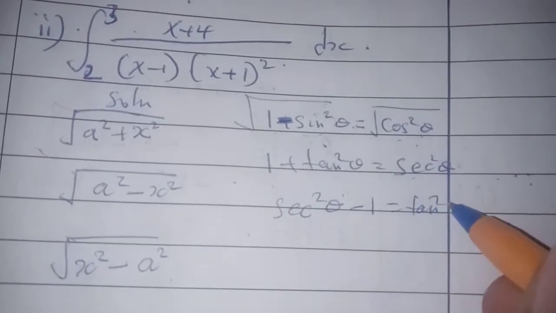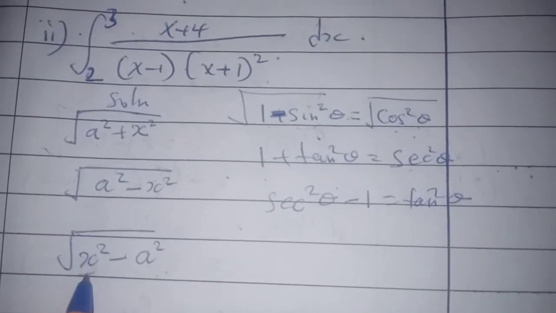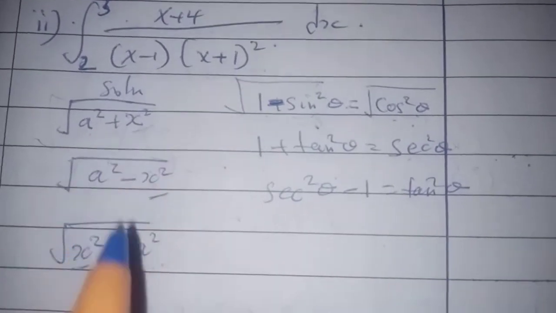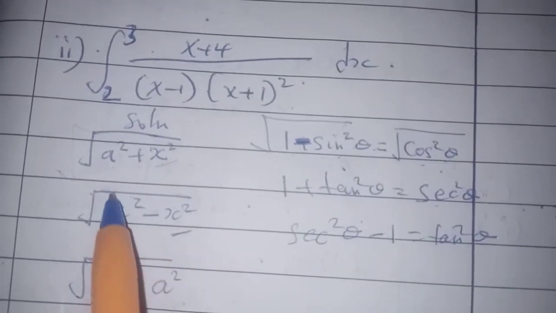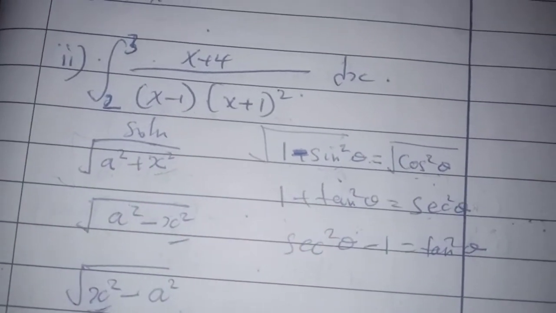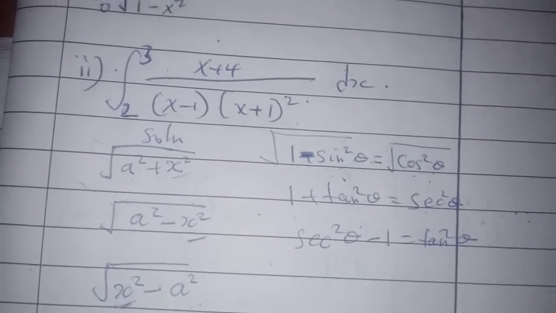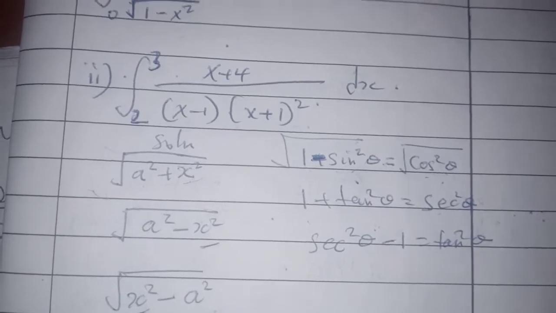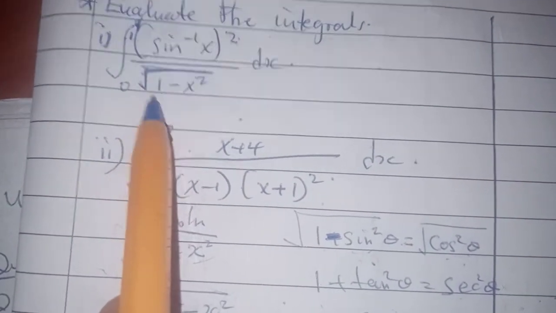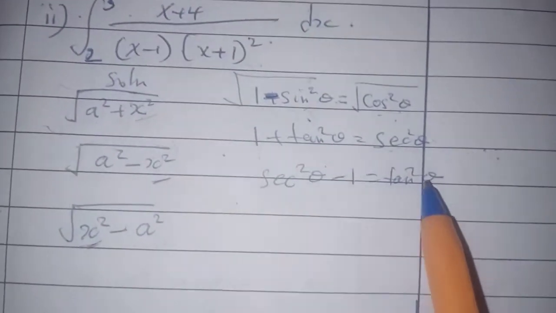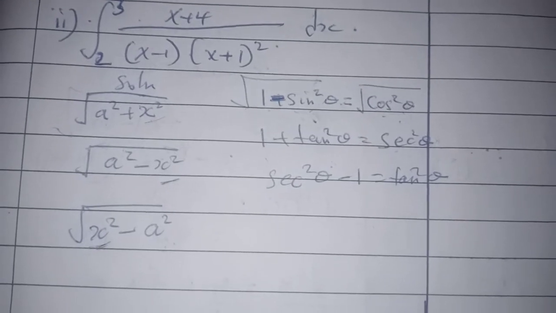Since we have such a scenario, the x represents a function, and a represents any whole number, 1, 4, but mostly they are square numbers in our equations. Can't you see here, our 1 is a square number. So wherever you find this scenario, just think about 1 plus tan squared theta is sec squared theta.